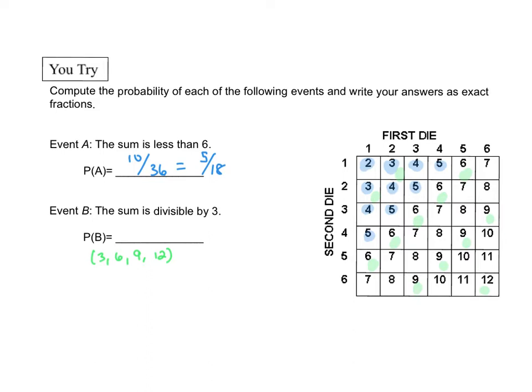So let's count the green dots. 1, 2, 3, 4, 5, 6, 7, 8, 9, 10, 11, 12. 12 green dots. 12 out of 36, that equals 1/3. There's a 1 out of 3 probability. Okay, next page.